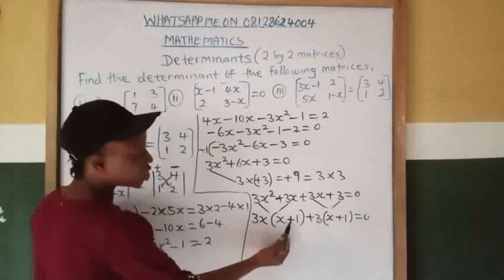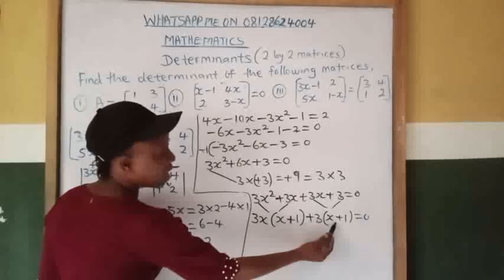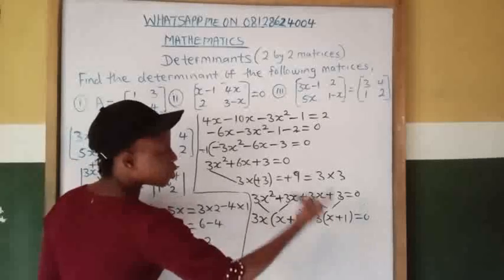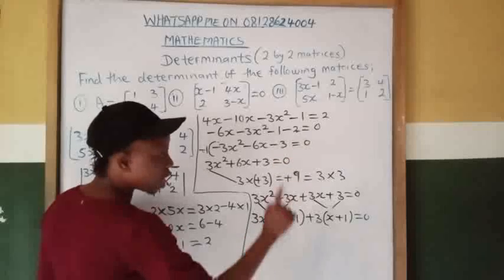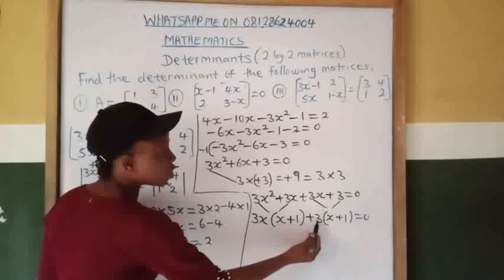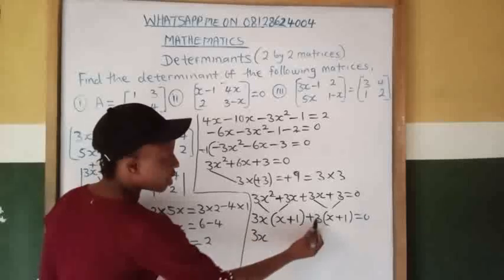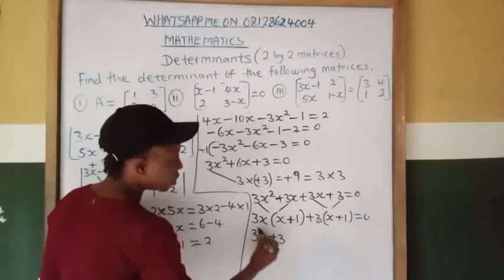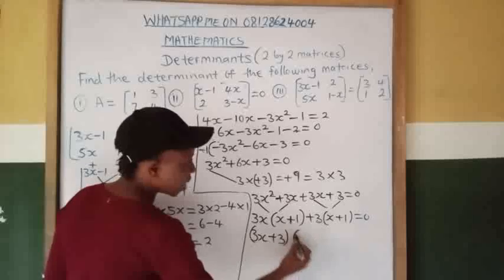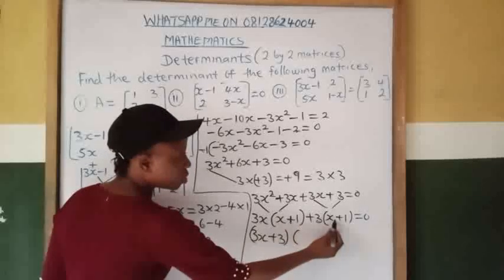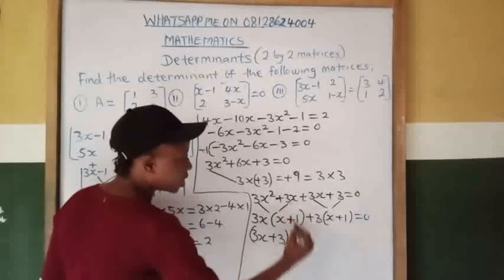Now, since we have similar terms inside the bracket, we are going to pick it as 1. So let's bring what we have outside the brackets together. We have 3x, then plus 3, then into brackets. So this one and this one are common, so we are going to pick it as 1.